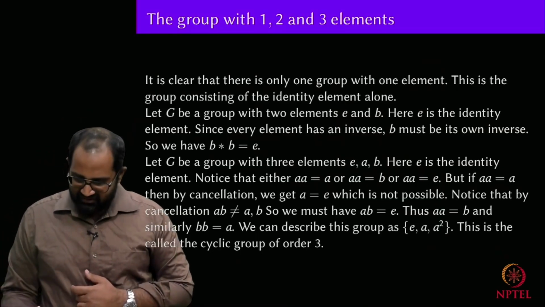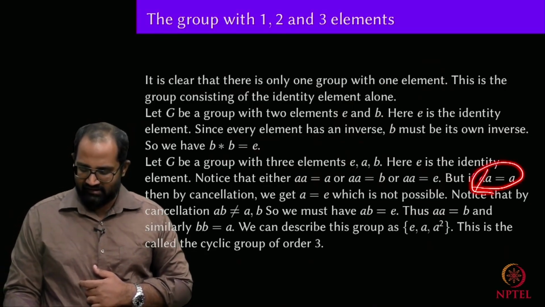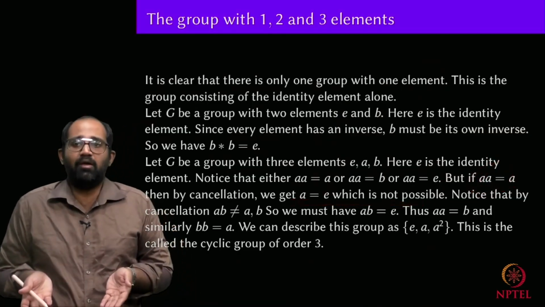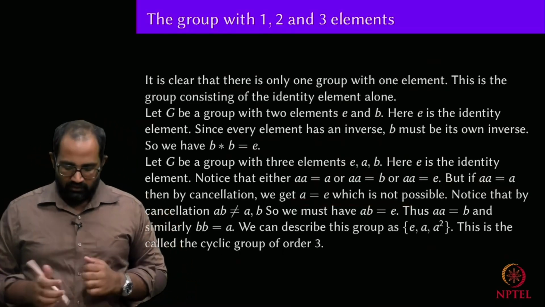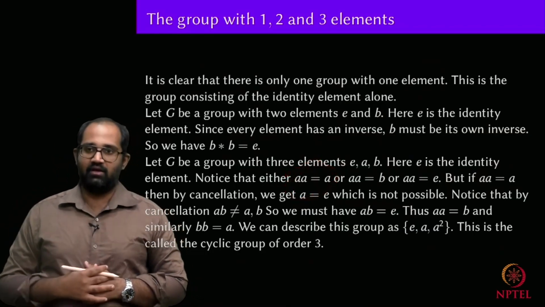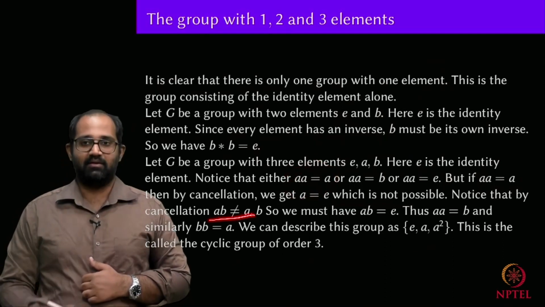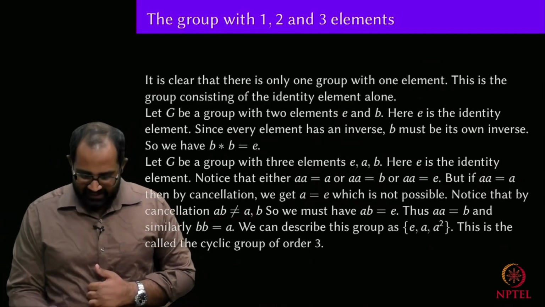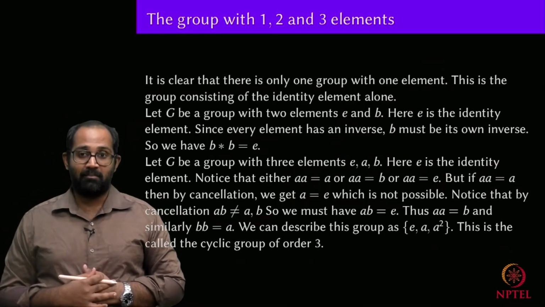So, this equation AA equal to A, I write it as AA equals AE and just cancel off the A's. So, I get A equal to E, which is not possible because I already have an E and the identity element is unique. So, we have now eliminated the possibility that AA equal to A. Now, look at the product AB. That product AB can neither be A nor B by the same argument, by cancellation.